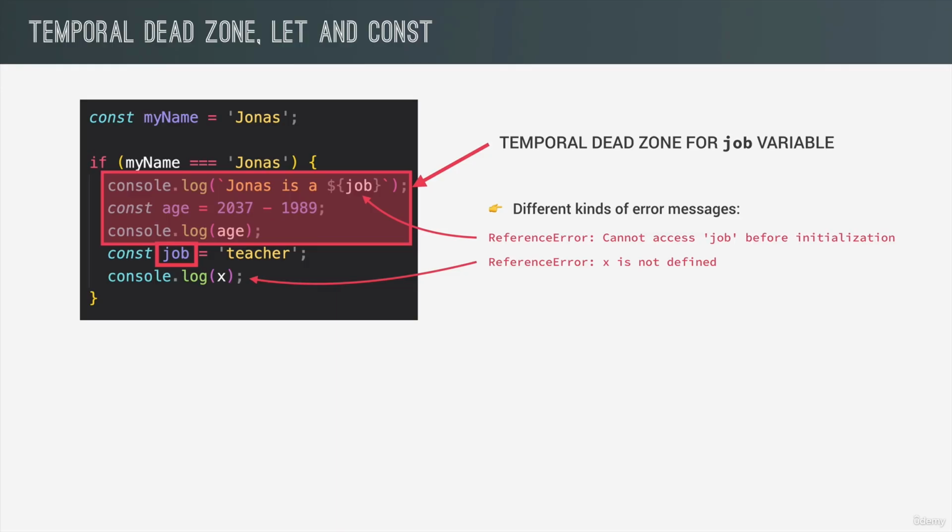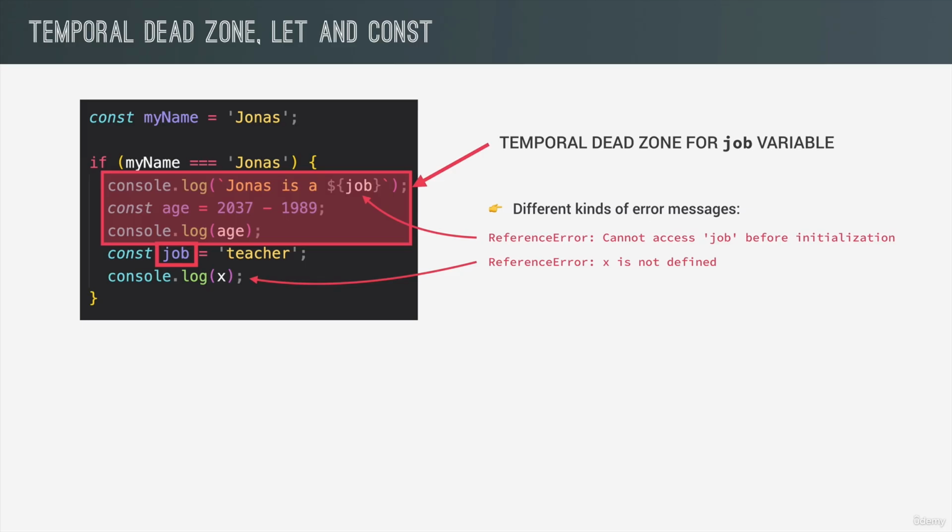Then, when the execution reaches the line where the variable is declared, it is removed from the temporal dead zone and it's then safe to use. So, to recap, basically each and every let and const variable get their own temporal dead zone that starts at the beginning of the scope until the line where it is defined. And the variable is only safe to use after the TDZ, so the temporal dead zone.